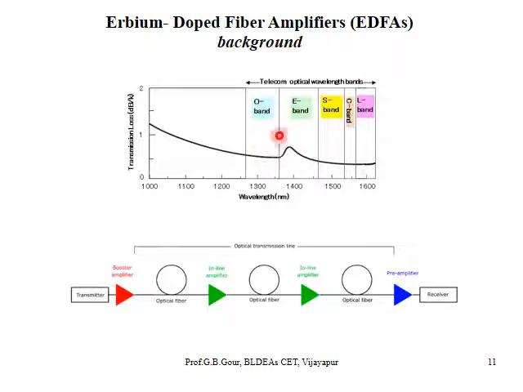Only this one peak is a drawback on the side of the EDFA. Except for that, in the S, C and L bands the loss is very low. That's why practically we use the EDFA in the last two bands, C and L, 1530 in the C band to 1560 in the L band, as the transmission loss is very low.